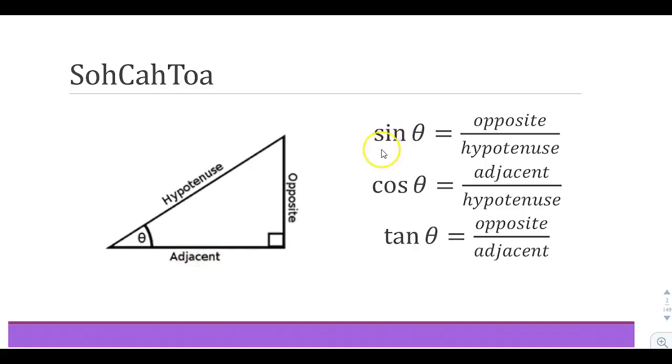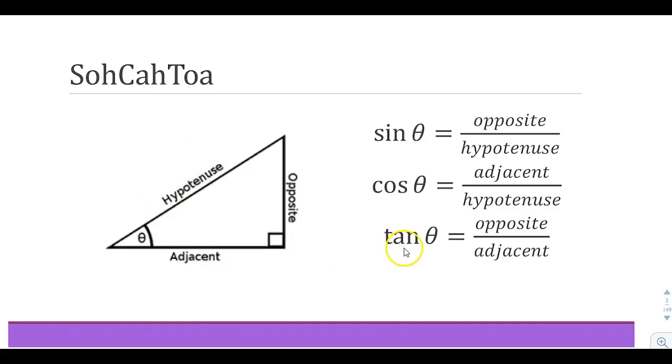Sine of theta is defined as the opposite side length over the hypotenuse. That is where the SOH of SOH-CAH-TOA comes from. Then we're going to look at the middle part. Cosine of our angle theta is adjacent over hypotenuse. So for this angle theta, I would look at the length of the adjacent side over the length of the hypotenuse.